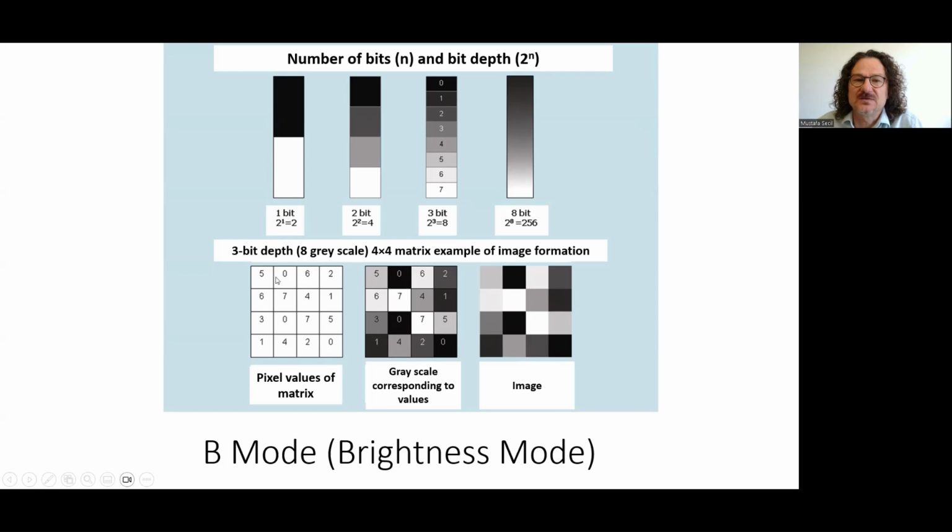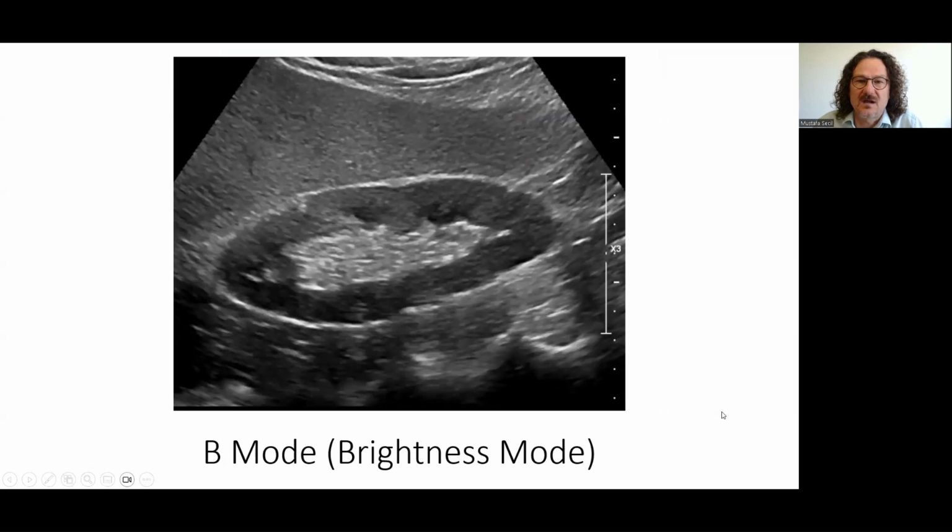The pixel values of a matrix are encoded with different gray tones, and the final image will be in shades of gray. And this is how it appears, of course, in real time, in brightness mode.